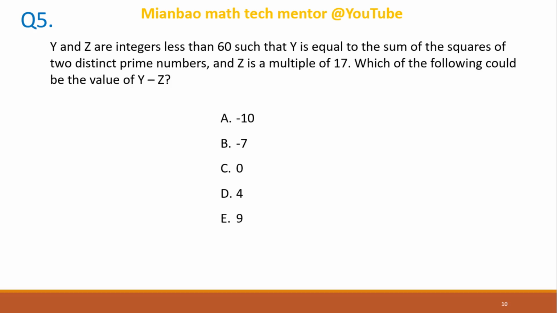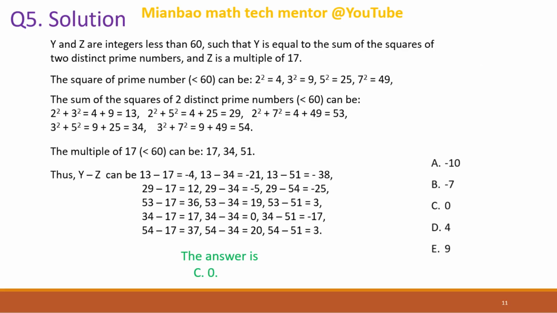Question 5. Which of the following answers is correct? A, B, C, D, or E? Y and Z are integers less than 60, such that Y is equal to the sum of the squares of two distinct prime numbers, and Z is a multiple of 17. The squares of prime numbers less than 60 can be 2 squared equal to 4, 3 squared equal to 9, 5 squared equal to 25, 7 squared equal to 49.